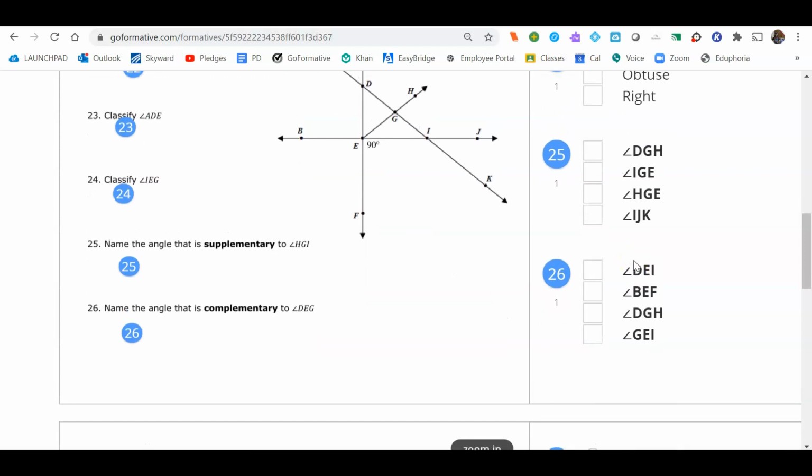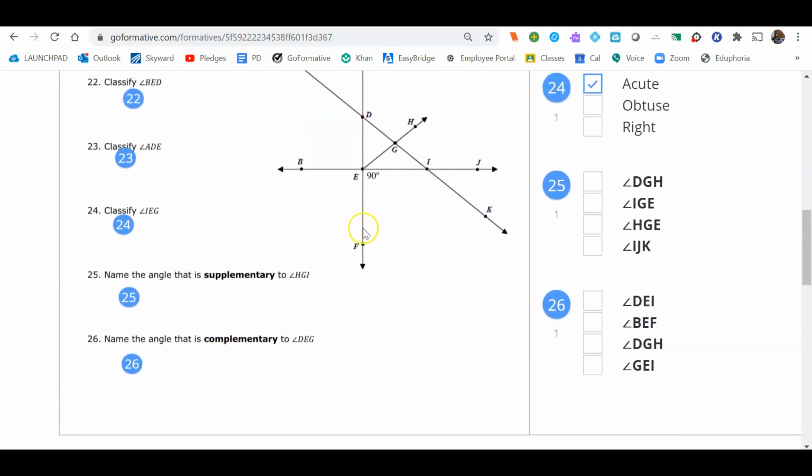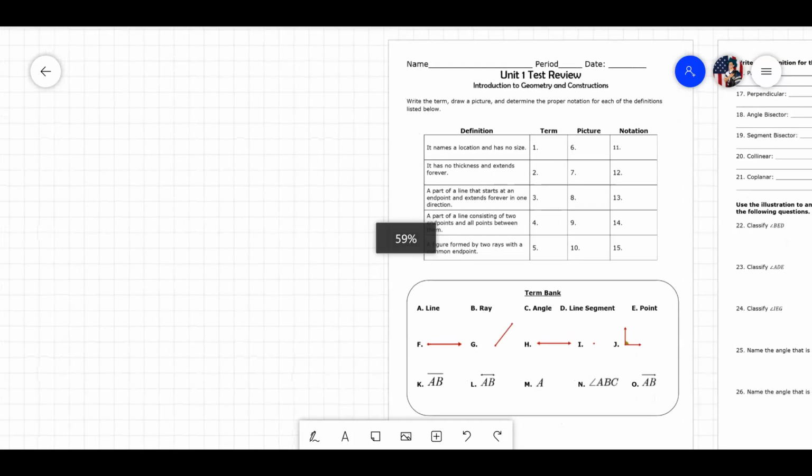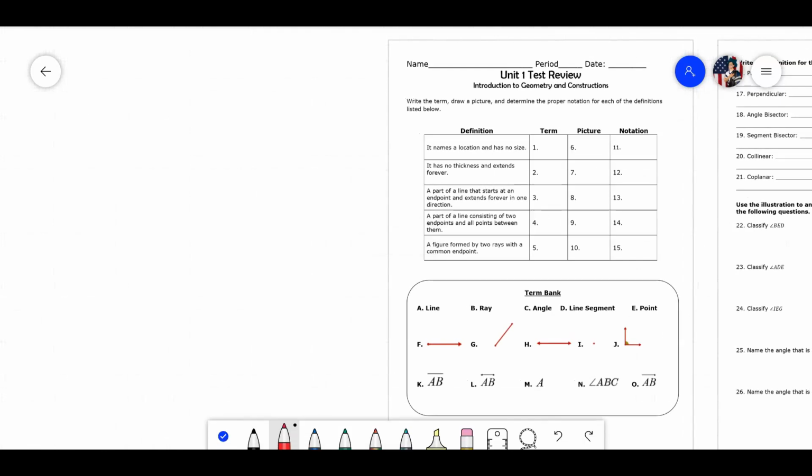Number 25 and 26. Now, 25, name the angle that is supplementary to HGI. Now, supplementary means 180. Okay. Real quick, when you think of supplementary, I want you to think of 180, right?